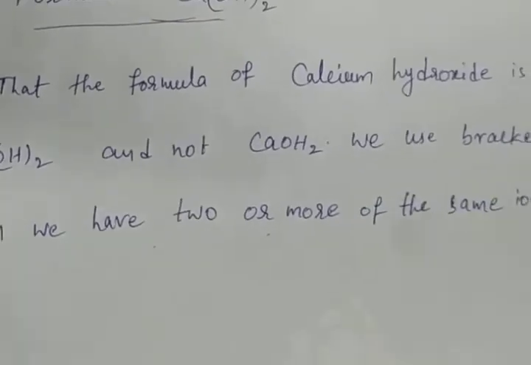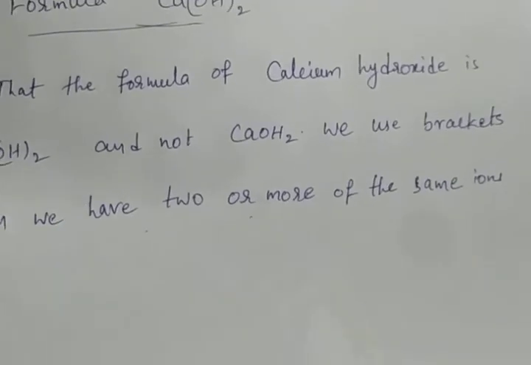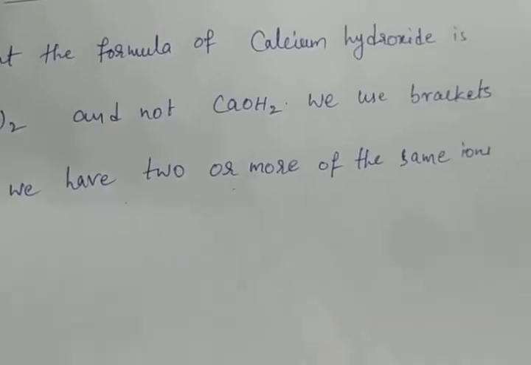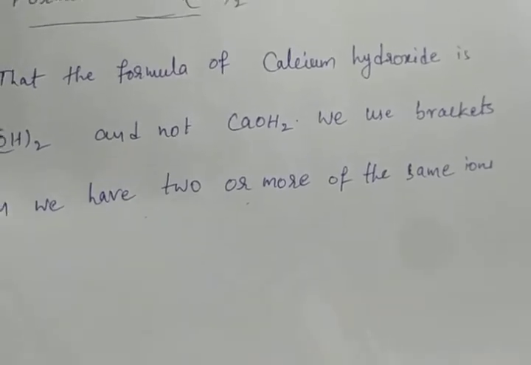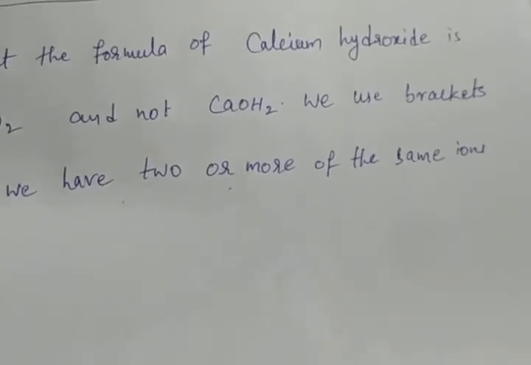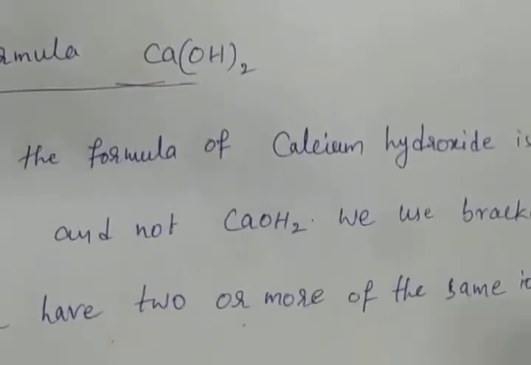If it is a polyatomic ion, we have to mention it inside the bracket. If there are two or more of the same ions, we also have to mention them inside the bracket.